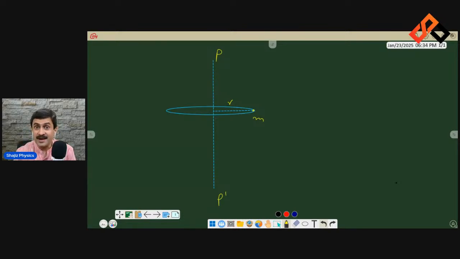Every object is having some kind of inability to change its state by itself. In a similar way, in rotational motion also, an object in uniform rotation or uniform circular motion is having the inability to change its state of uniform circular motion or uniform rotational motion by itself.